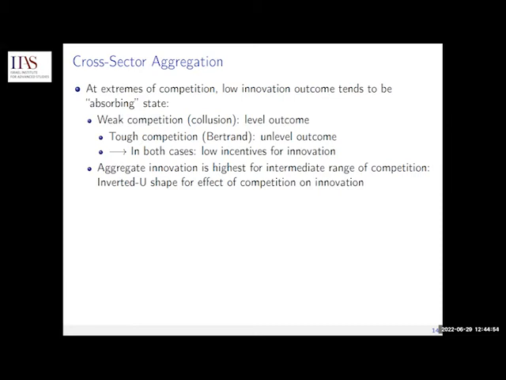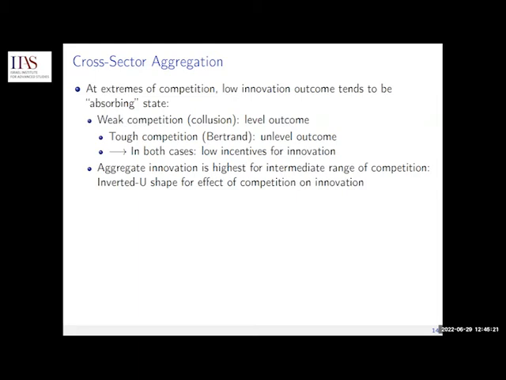So the last point I wanted to make is what happens when you roll up these effects across these different types of sectors. These low innovation outcomes tend to be the absorbing state.